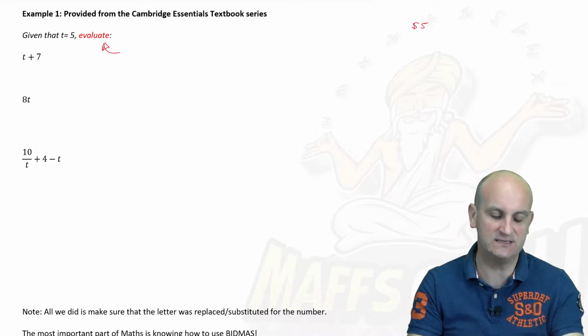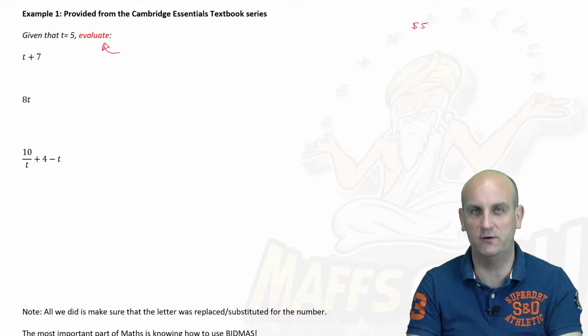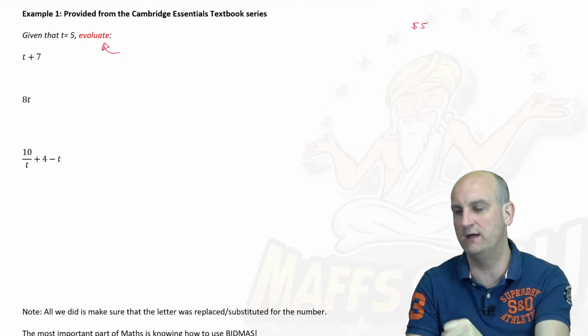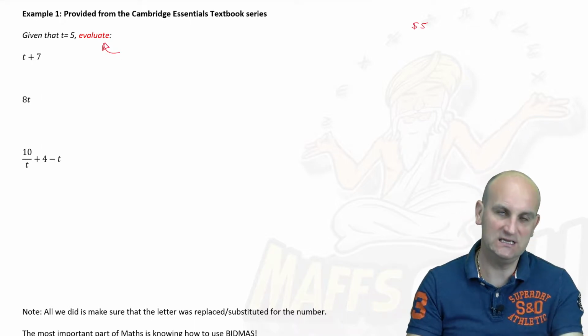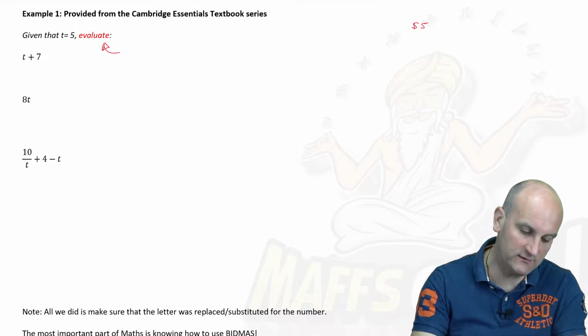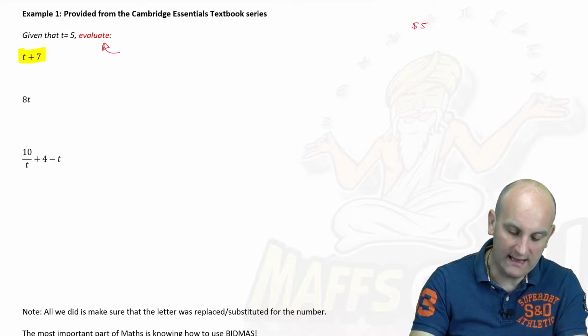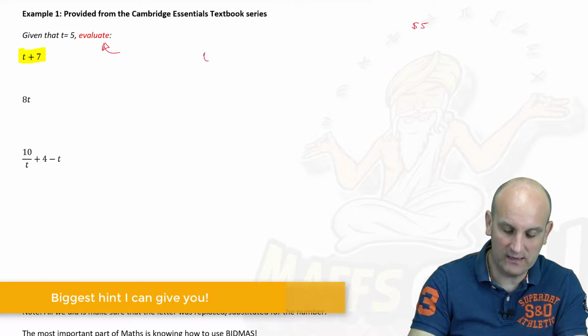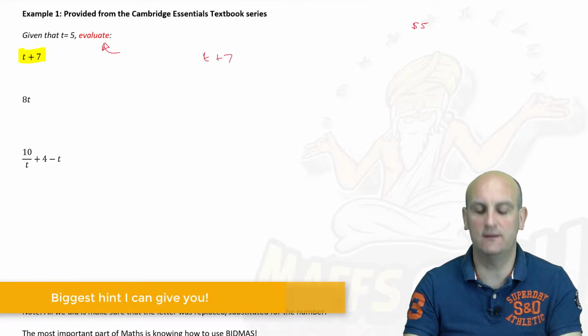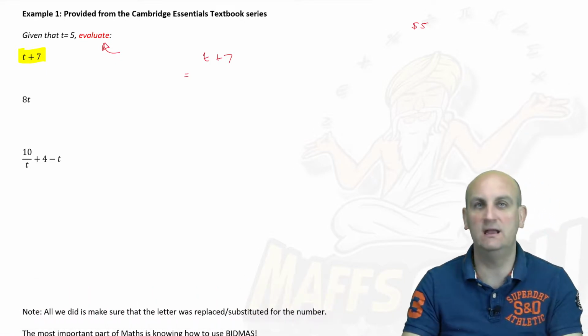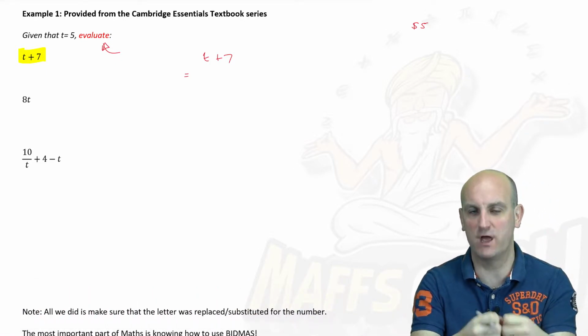So it says, given that t equals 5. Okay, thank you very much. T equals 5. Evaluate t plus 7. So here we go. This is my first question. T plus 7. Now, I always write down t plus 7. I write the question down first, and then I'm going to put an equal sign here. So, formula. I'm going to write down the formula of the thing.